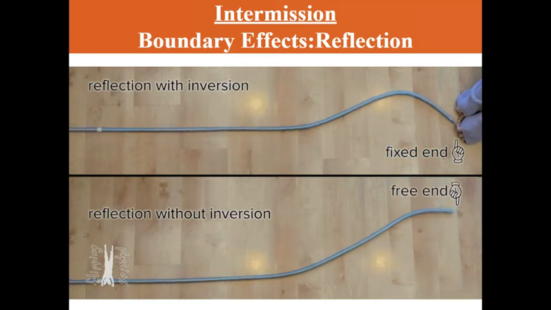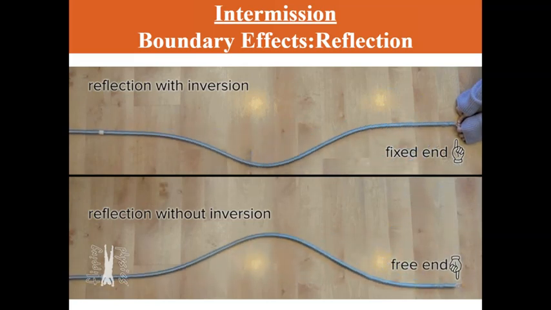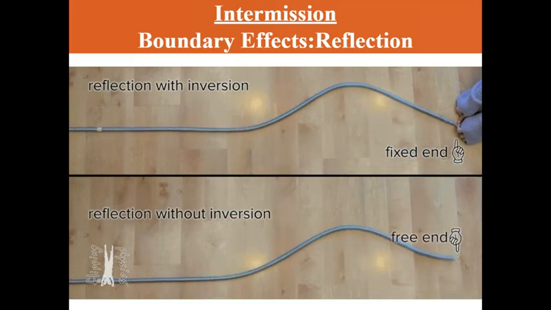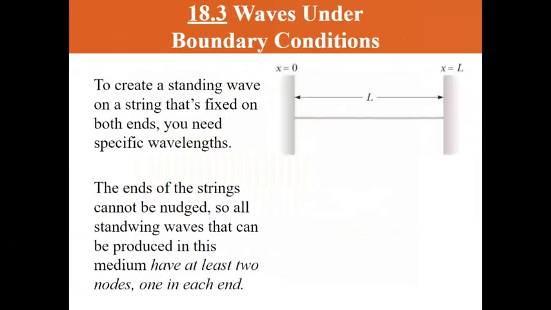But if it reaches a free end, then the pulse will be reflected back in phase, just traveling in the opposite direction. The fact that waves can reflect is useful for generating standing waves, since they can be made by sending a wave, generating a reflection, and the overlap of the incident and reflected pulses can generate the wave.